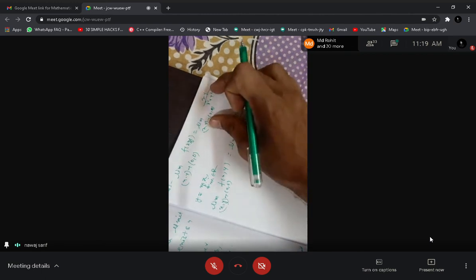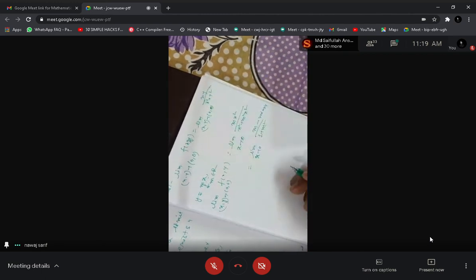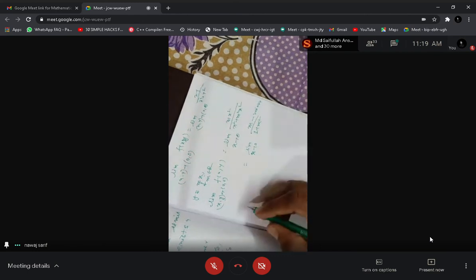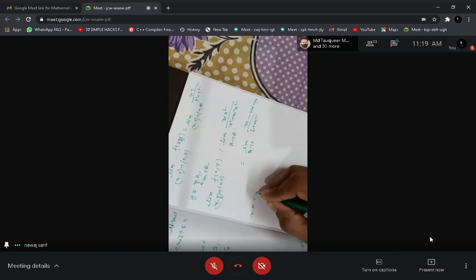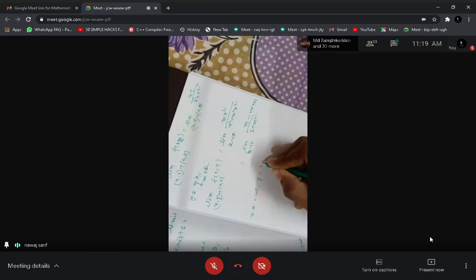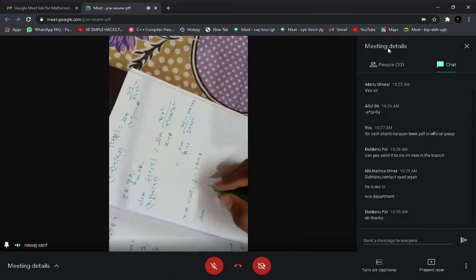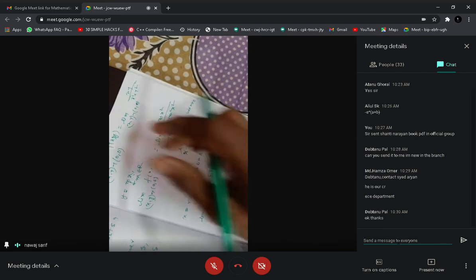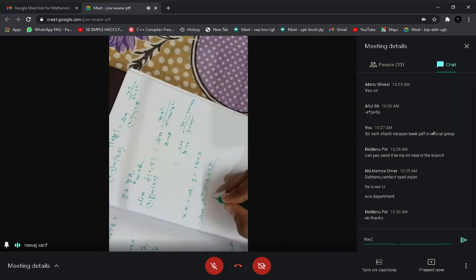You can also apply polar coordinates here. You can use x equal to r cos theta and y equal to r sin theta in this equation. Then what will be the expression? Then the limit of xy is r square sin theta cos theta, and in the denominator, r square into sin square theta plus cos square theta.